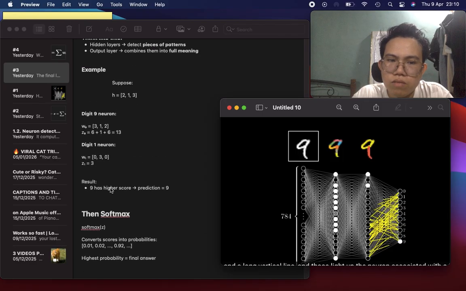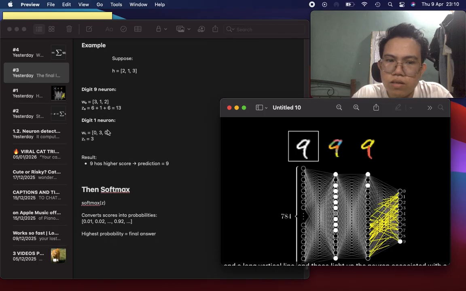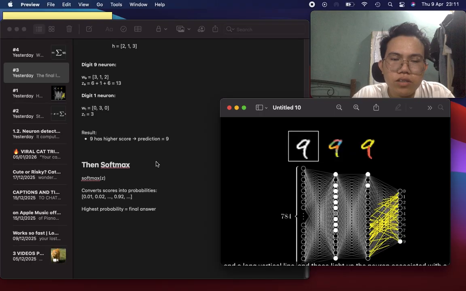Digit 1 only detects this straight line, that's why it still has a score. But for the digit 9 neuron, all of the features match.